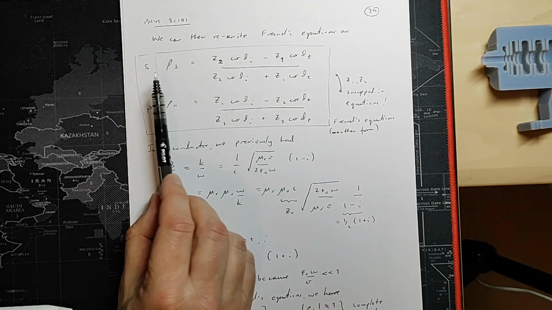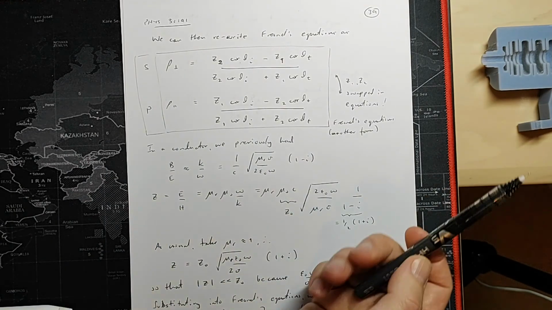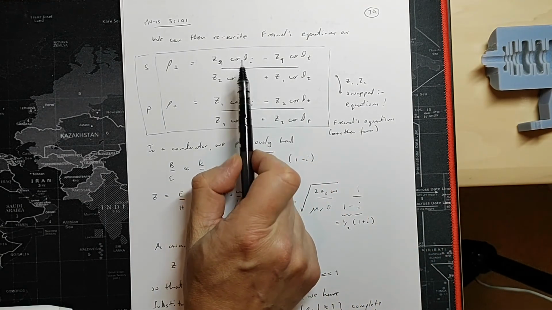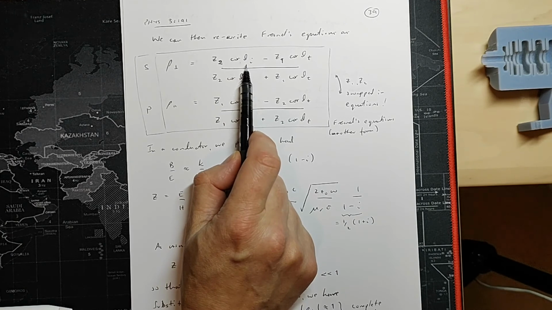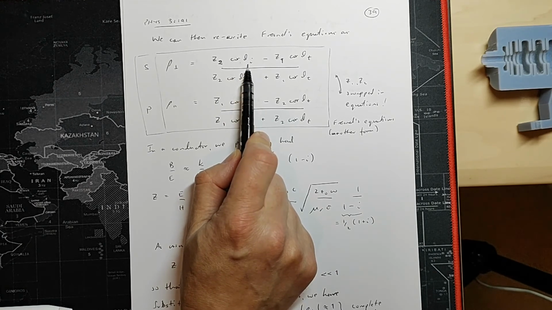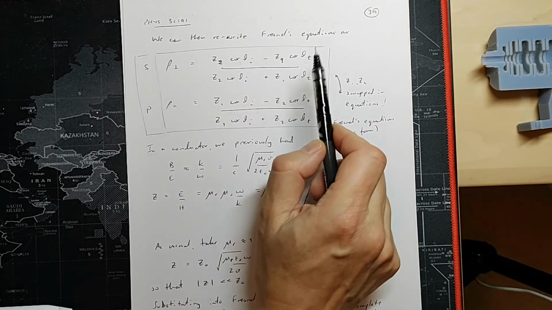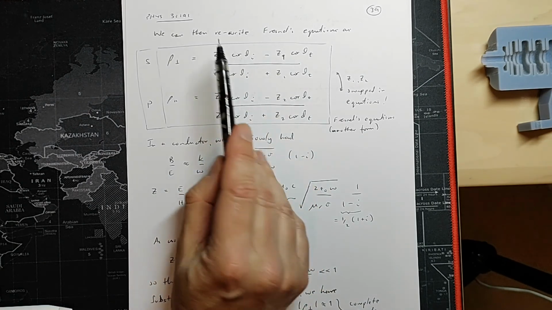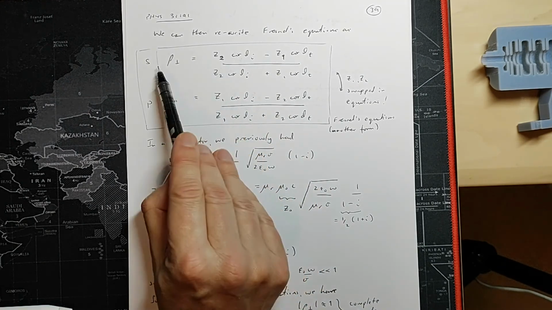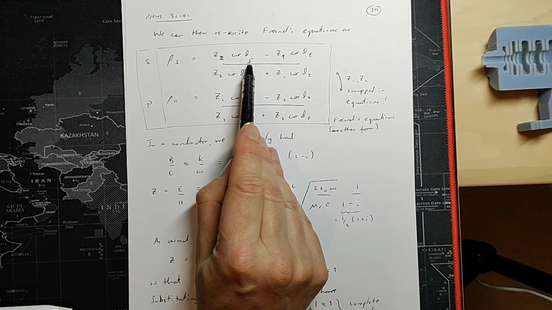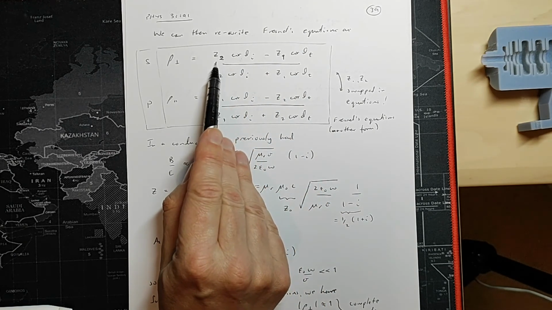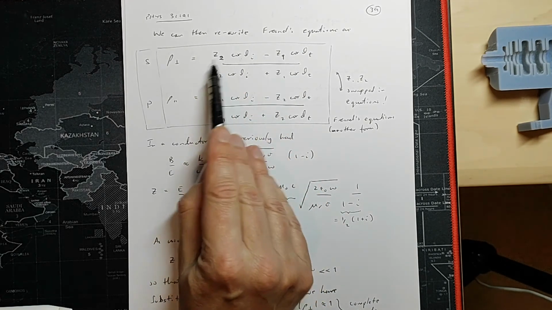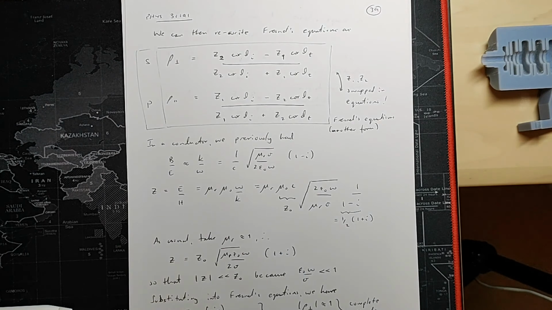So here are the Fresnel equations expressed in another way. What we've done is express them in terms of the incident angle of the incident wave, the reflected angle, and the transmitted angle, and this is the reflection coefficient expressed in terms of theta i and theta t, and in terms of the two impedances which are related to the refractive indices.